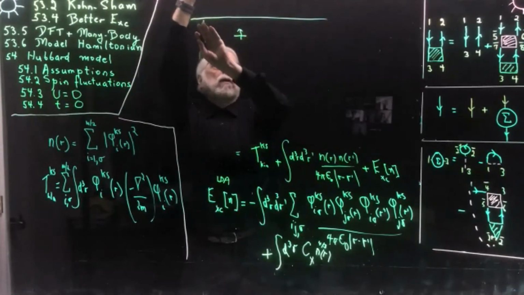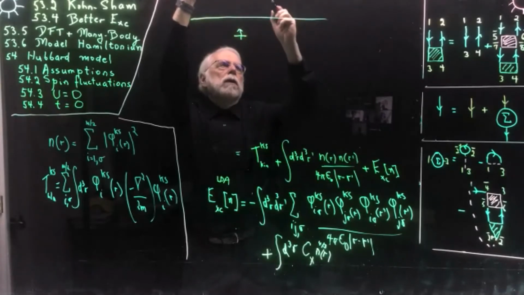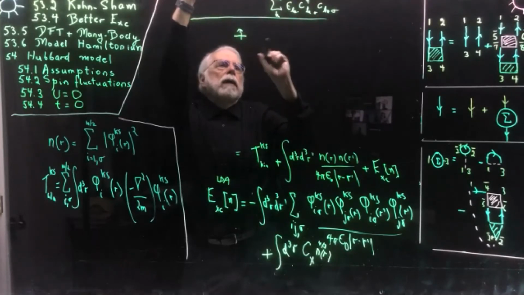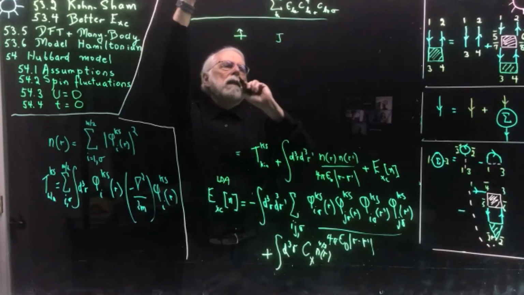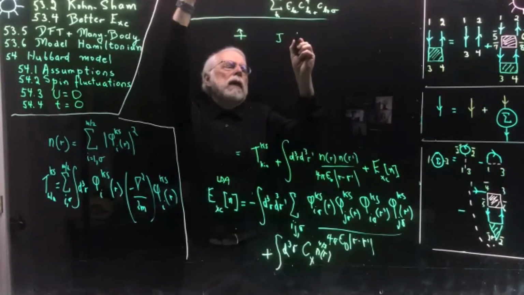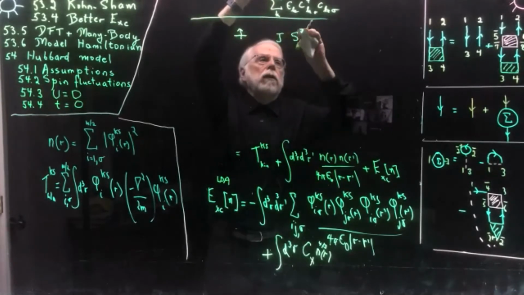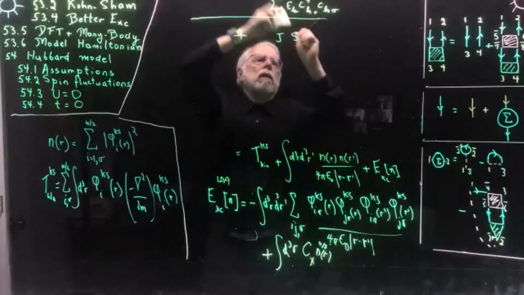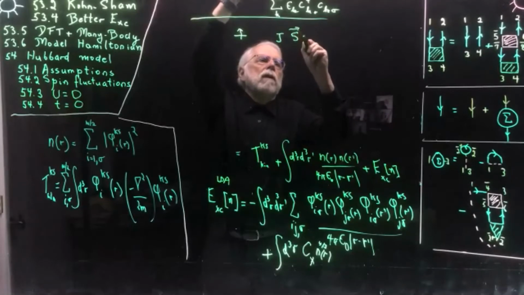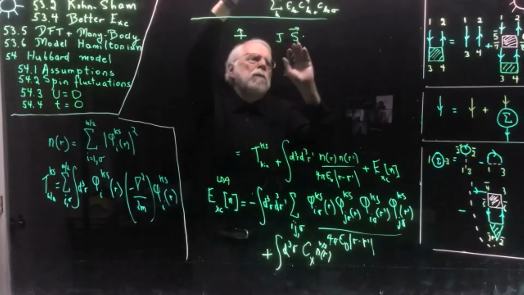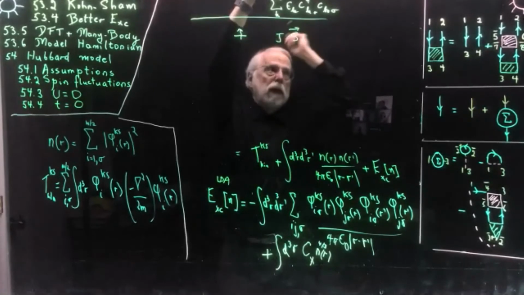So they wrote the Hamiltonian for a conduction band, just the sum over k of epsilon_k c†_{kσ} c_{kσ}. And then you write an interaction J times S dot s, where this S is the impurity spin, and you dot it into the spin of the electron.